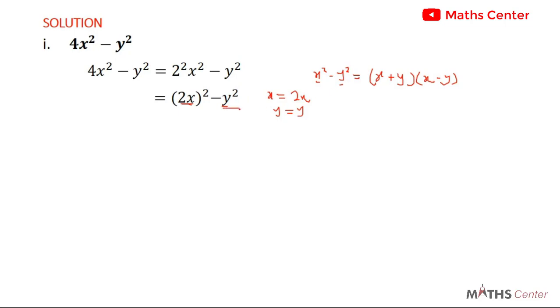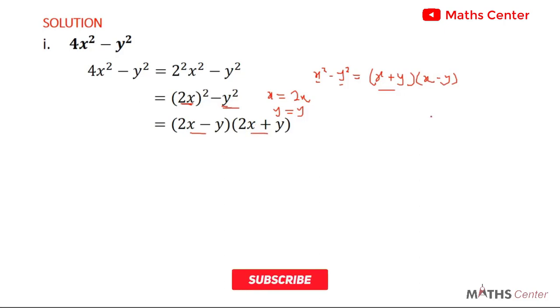So if you want to expand this, it's going to be the first term, which is 2x, minus the second term, which is y, in one bracket, just as we have here. Then the first term, which is 2x, plus the second term, which is y, in another bracket. So if you want to expand a difference of two squares, make sure that you have the first term as a square, the second term as a square.